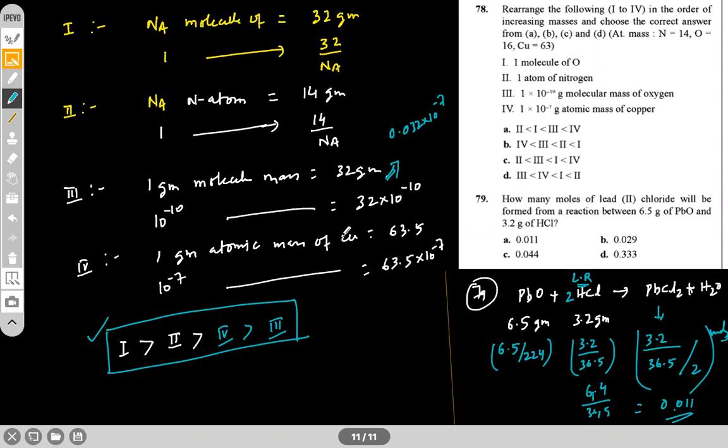Na atoms, the mass is the gram atomic mass. So 1 gram molecular mass of oxygen is 32 gram. So that's why the answer is this. Here in this question we have a correction, and here the answer is 0.011.